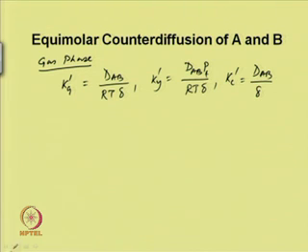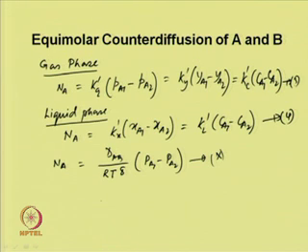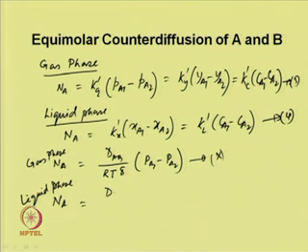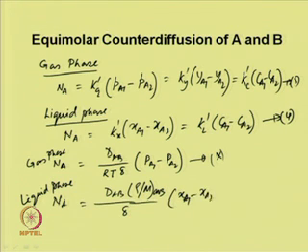Similarly, for the liquid phase, the flux is equal to DAB into rho by M average by delta into (Xa1 minus Xa2). This was for the gas phase and this is for the liquid phase.